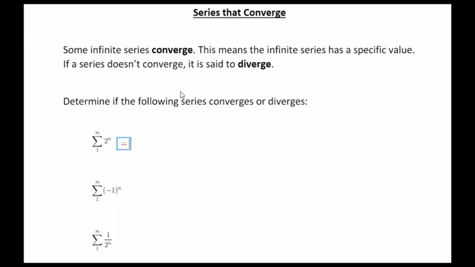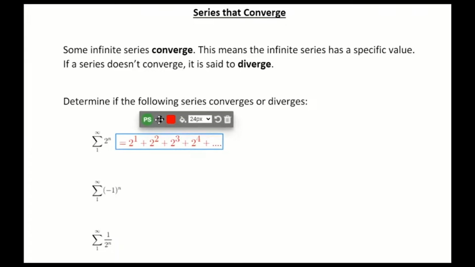So if I have 2 to the n, that would be like 2 to the first power, the value of the first term, plus 2 squared, plus 2 cubed, plus 2 to the fourth, etc. So this would just keep continuing on forever, right?